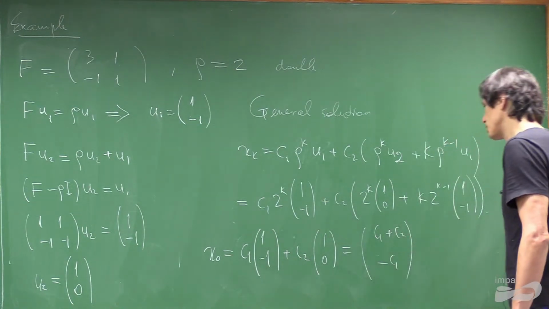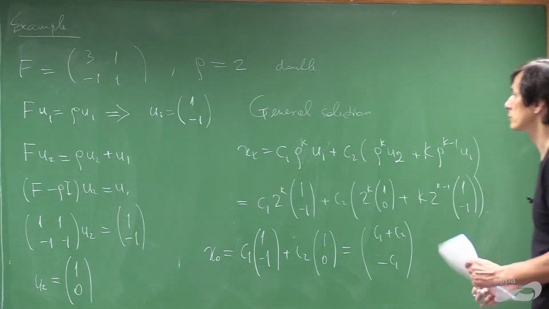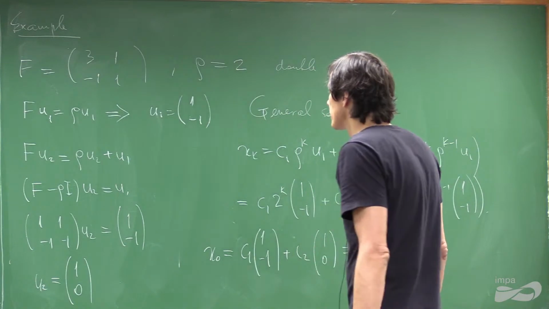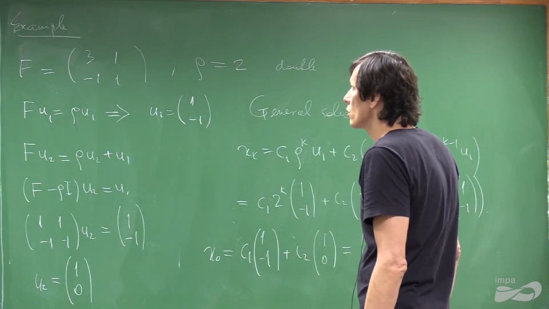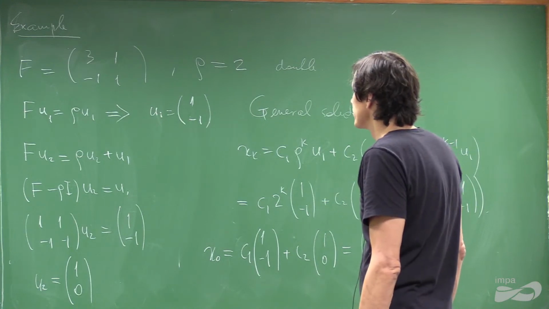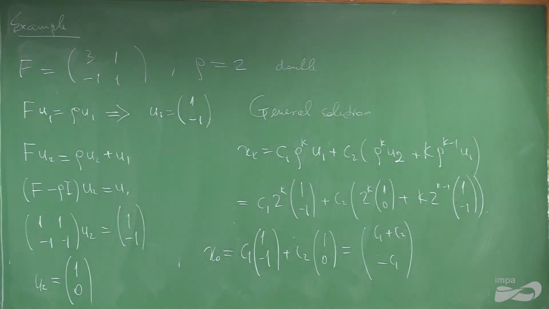So you see, by choosing C1 and C2 properly, you can satisfy any initial state. So that's a general solution. In the case of multiple eigenvalues, you may need to use generalized eigenvectors, and then you get a general solution. You see that it's very similar to what we had in the previous case.